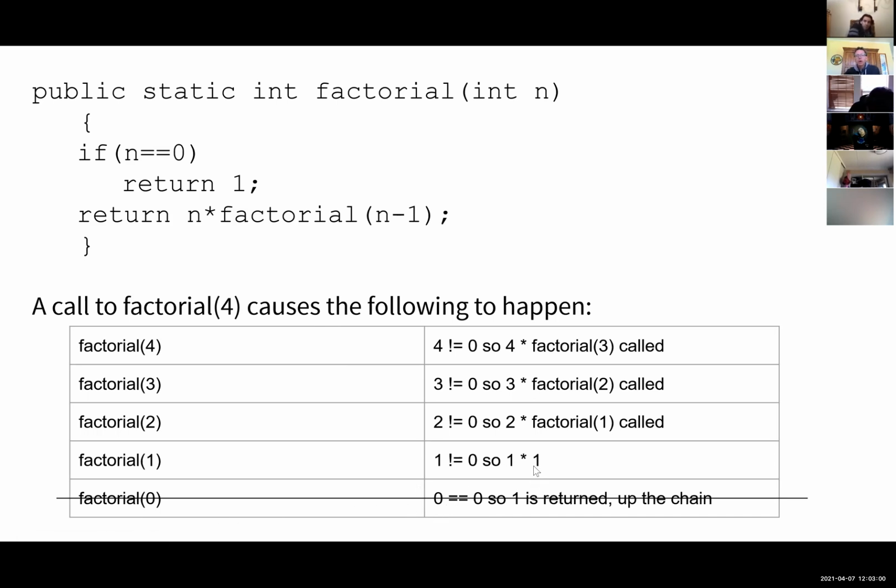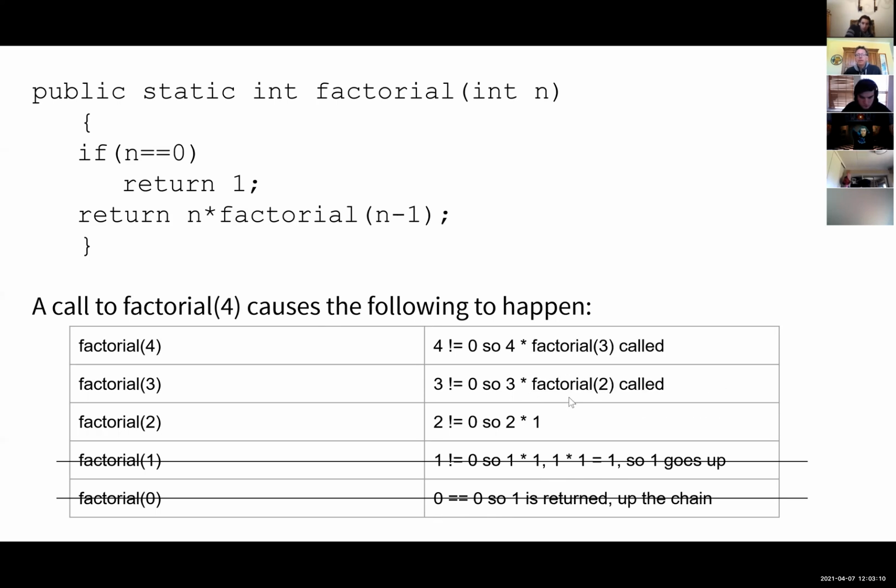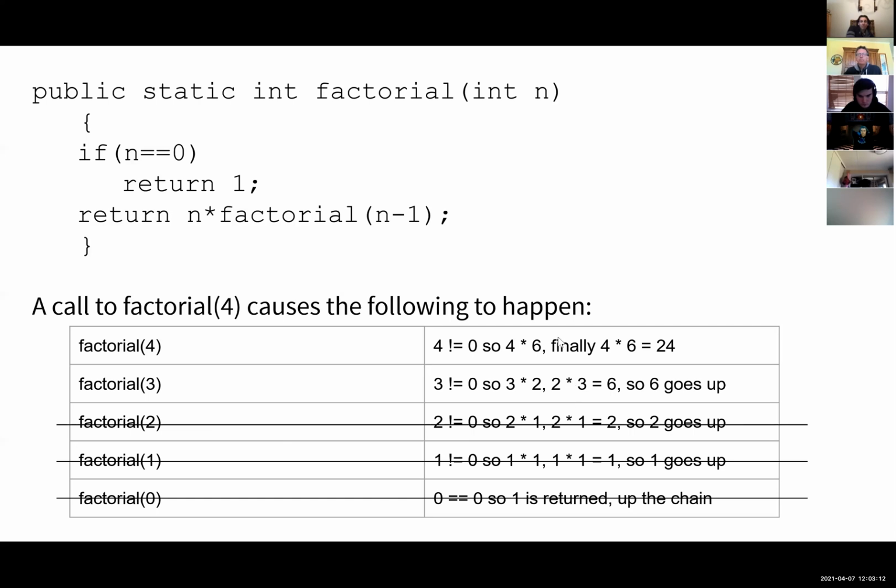You have 1 times 1. And then that answer goes up to the line above. So now we have 2 times 1. So we're going to get a 2 right up here. I wrapped it up too fast. But anyway, 2 times 3 is 6. And then the 6 goes up. And then finally 4 times 6 is 24. So basically, it sets up a bunch of things, and then it wraps it all up on the way out.